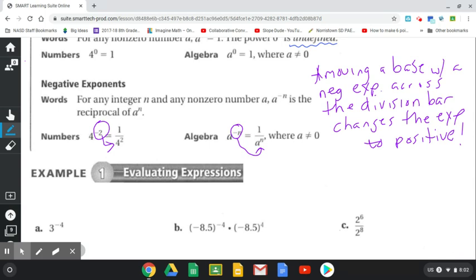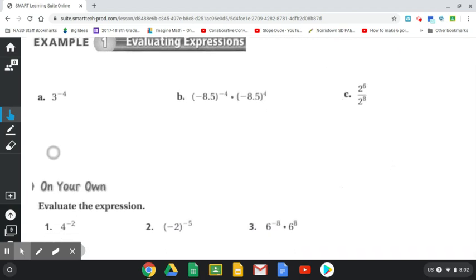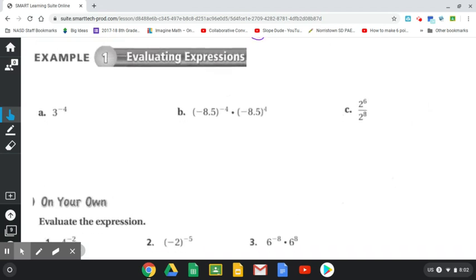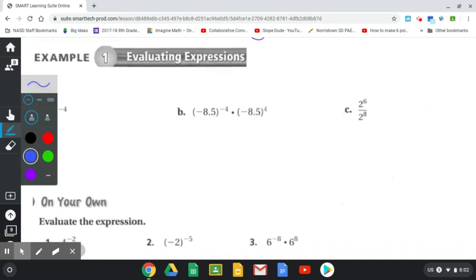So basically, we don't want negative exponents. We don't like negative exponents. We are going to make the negative exponents into positives by flipping it over. Okay? Flipping it over. And here's the rule.